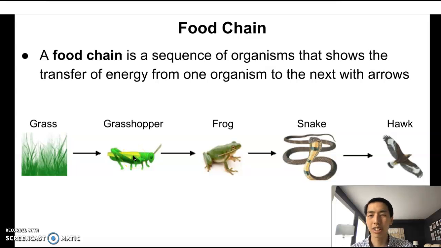And then the energy in a grasshopper goes to a frog because the frog eats it. I get a lot of food chains and food webs, which we'll talk about in the next lesson, where the students have drawn the arrows backwards. You cannot just draw them whichever way you want. They're supposed to point in the direction that the energy is going. Another way to think about it is that it goes in the direction of the bigger thing.